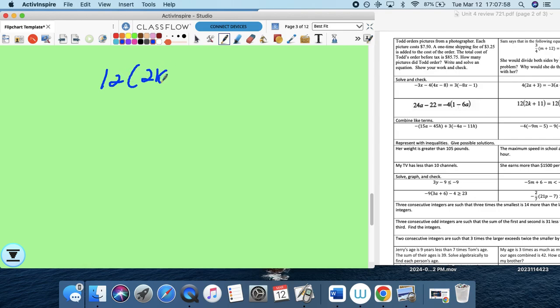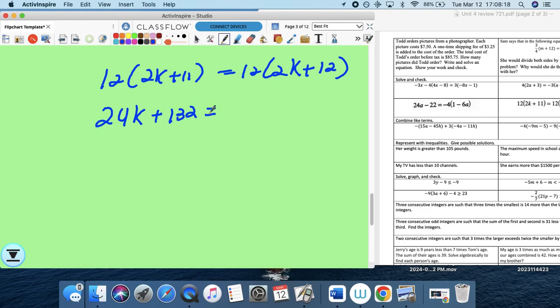12 times (2k plus 11) equals 12 times (2k plus 12). So here we have 24k plus 132. And here we have 24k plus 144. And again, it's the same problem as before. You'll notice that this expression is very similar to the expression on the right, except that on one side I'm going to add 132.